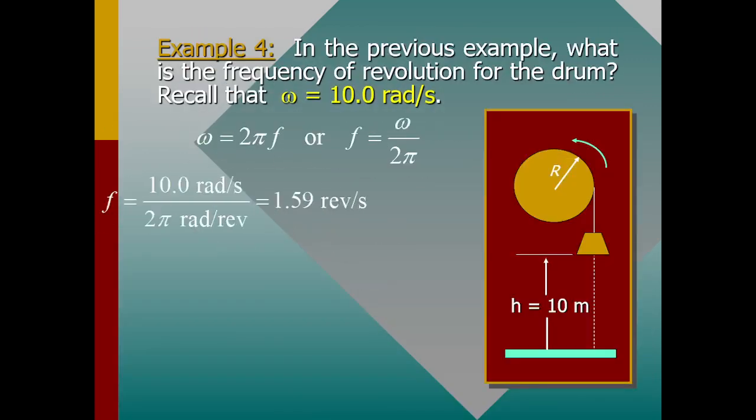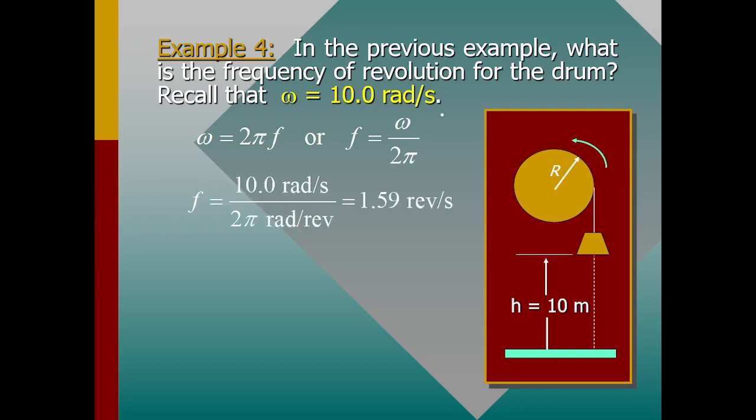We can now easily work out our question: W is equal to 2 pi f, where W is the angular velocity and f is frequency. When you divide throughout by 2 pi, it's going to give you that.